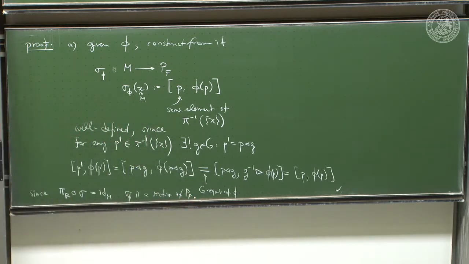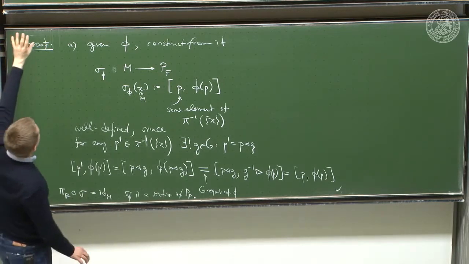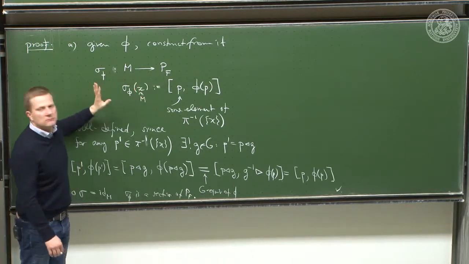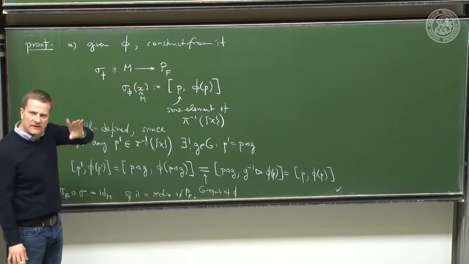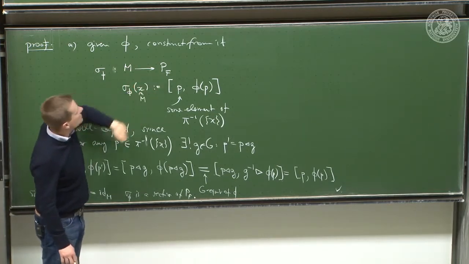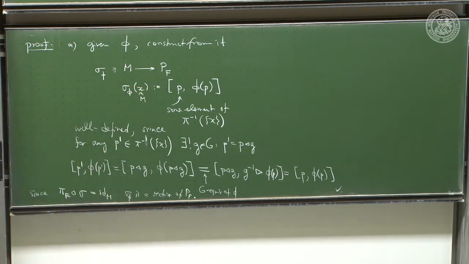And that's all we wanted to show. So given a G-equivariant function on the principal bundle total space, we construct in this way, there may be other ways, but this is the way we're going to need, a section on the associated bundle.